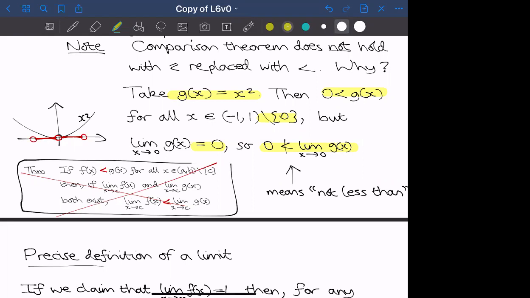Okay, so thanks for the questions. So question, Benjamin Lee. For the sandwich theorem, replacing less than with less than or equal to is a weaker but still correct definition. Yes, that's correct. So replacing, I have to get it the right way around.